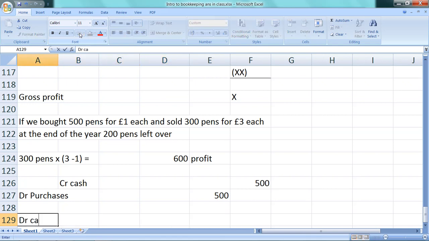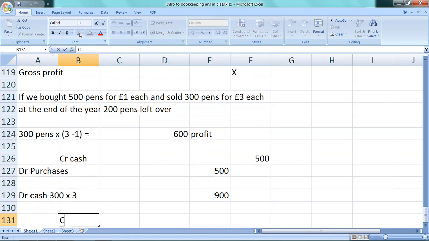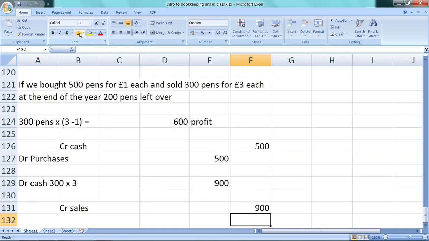So I'm going to debit cash to the tune of, I've made 300 pen sales at £3 each, which means 300 by 3, which is £900. And then I'm going to credit sales to the tune of £900. Does that make sense? We need to force this figure to come out as £600 worth of profit. 900 minus 500 does not equal 600. The numbers are different. Something's gone wrong.